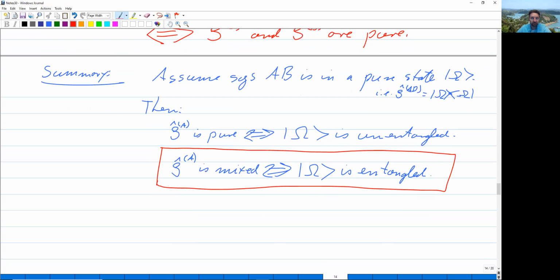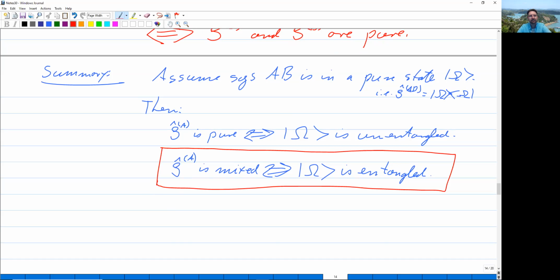Mixedness of a subsystem is equivalent to entanglement in the supersystem, in the big system. We are always assuming for this lecture that the big system is in a pure state. Then we can unequivocally say that if a subsystem is in a mixed state, then the big system is in an entangled state, and vice versa.